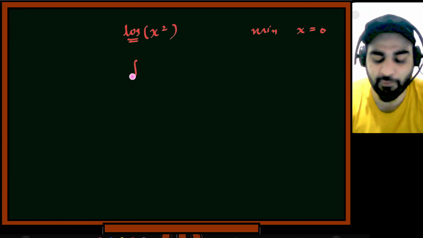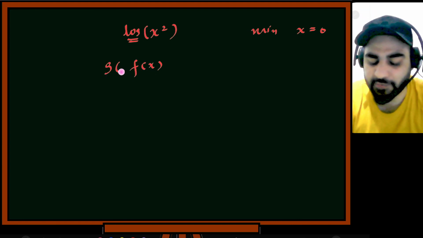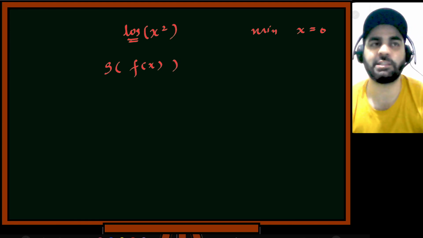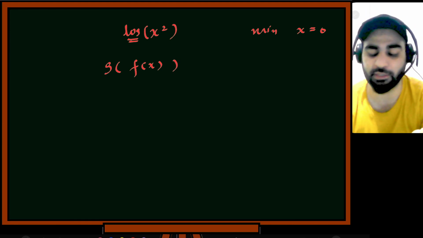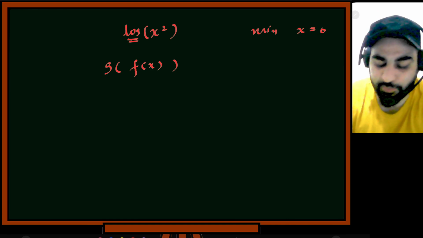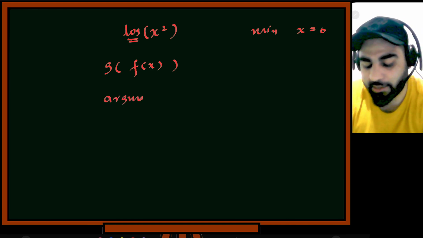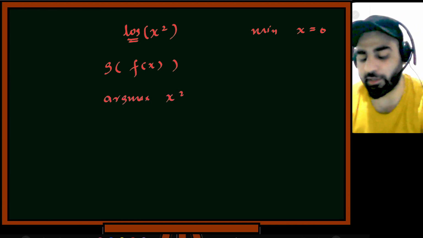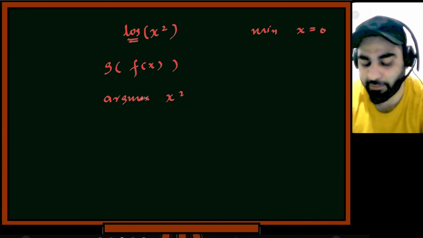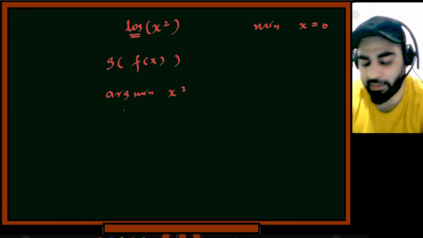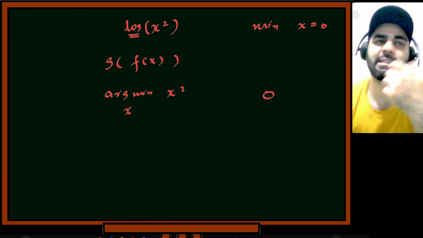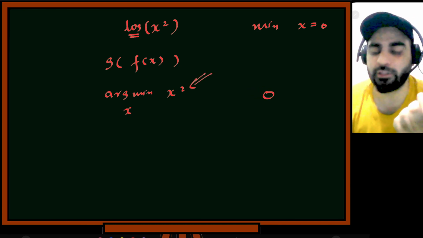So I have a function f of x, and I apply a function g on this. So if I have to compute the arg min of x square, what will be the value? The value will be 0, because at 0 we are getting the minimum value for this function x square.